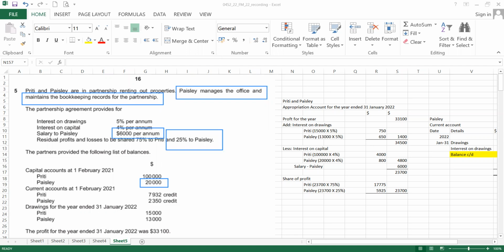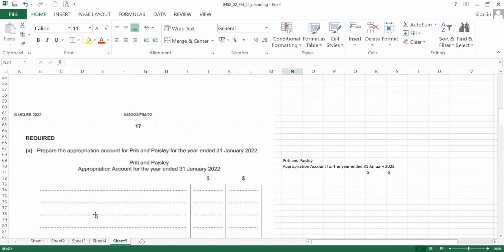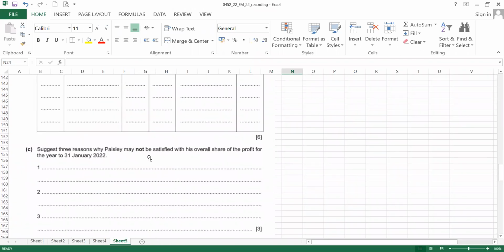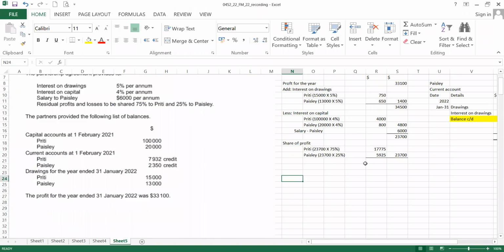Okay, so now let's see. Here they want us to give how many points? So 3 points on why he may not be satisfied with the share of the profit. Now we put in the reason. This is for part C, reason for Parsley not satisfied with profit share.